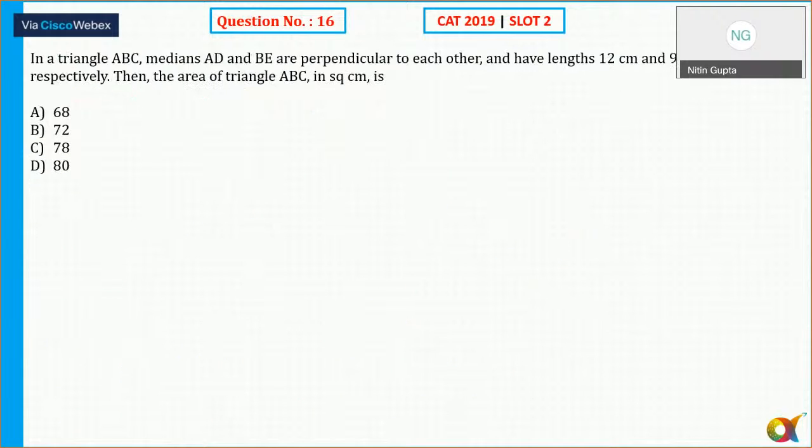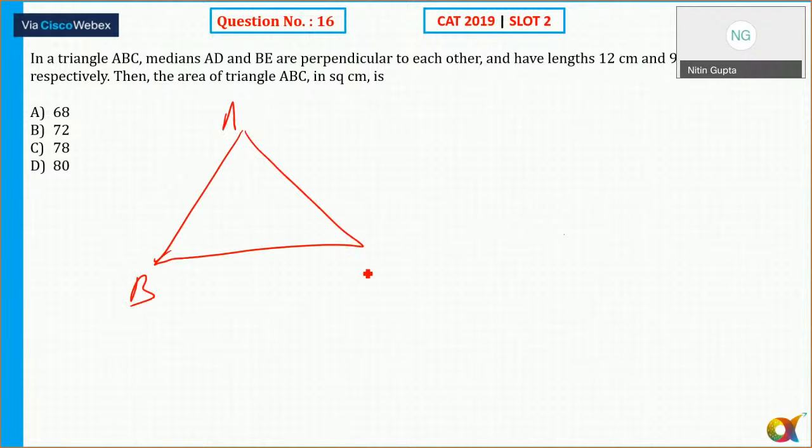Question number 16. It says in a triangle ABC, there is a median AD at B, and they are perpendicular and have lengths 12 and 9.